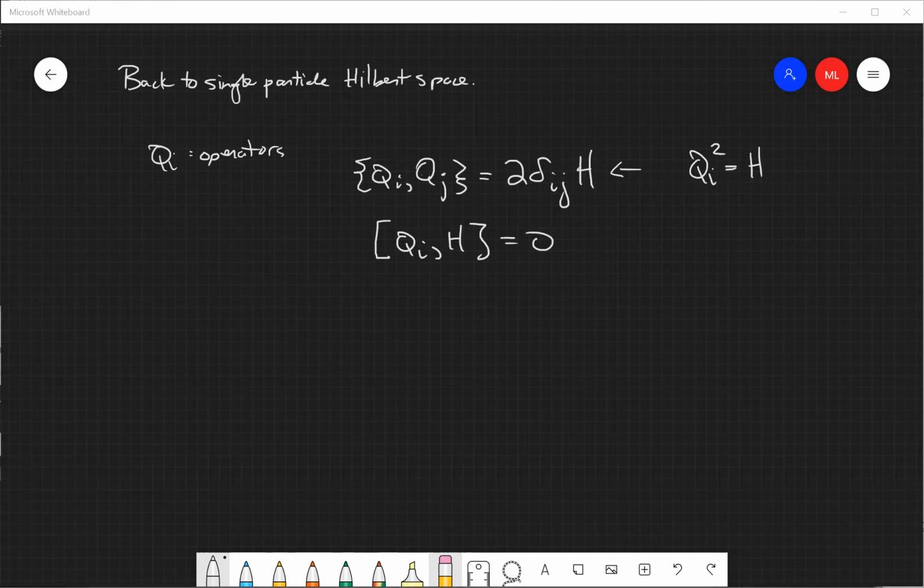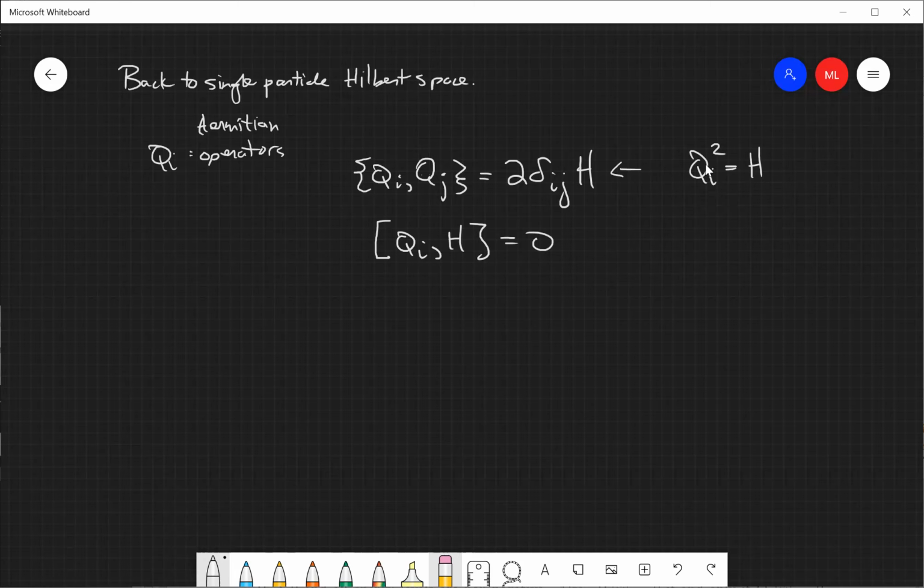And you can also make some conclusions about this. So first of all, these guys are Hermitian operators. Should have said that. It means that any supersymmetric Hamiltonian, since it's the square of a Hermitian operator already, means its energy levels can only be non-negative.